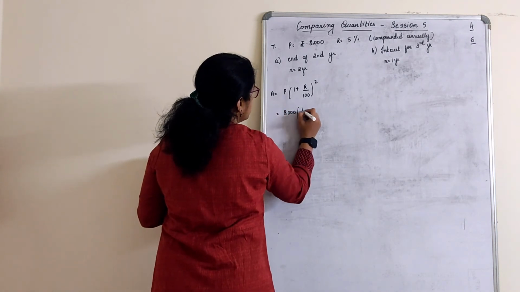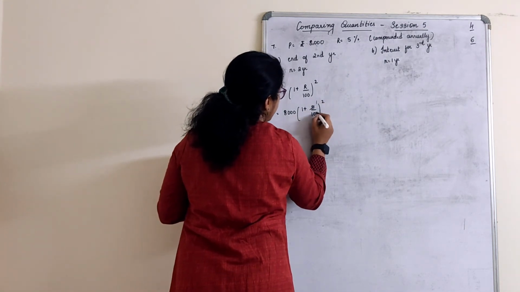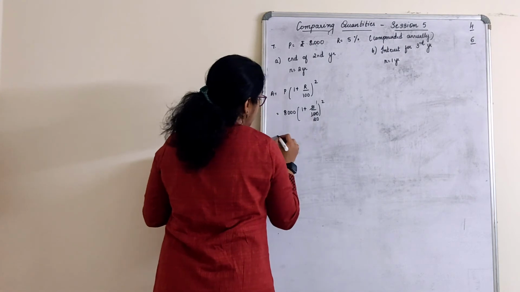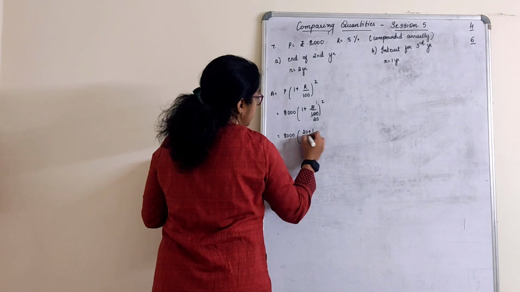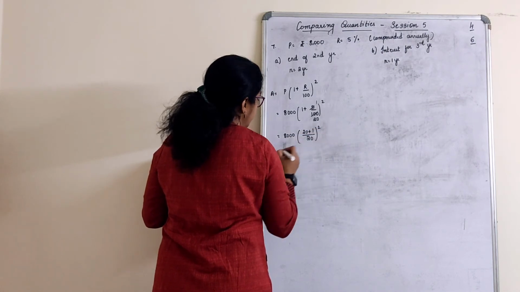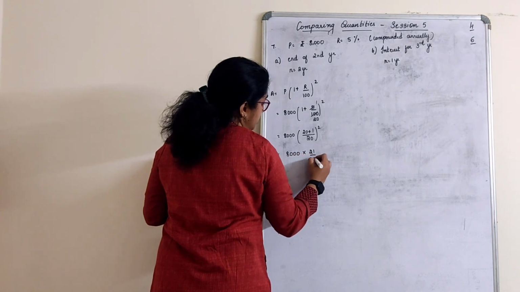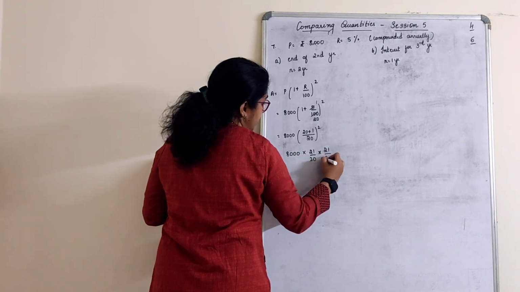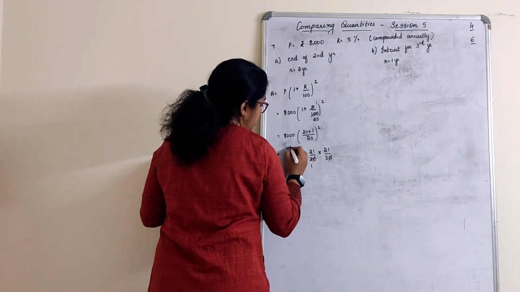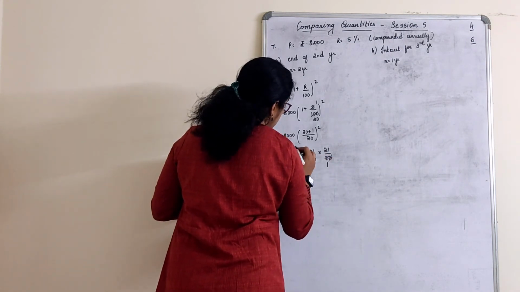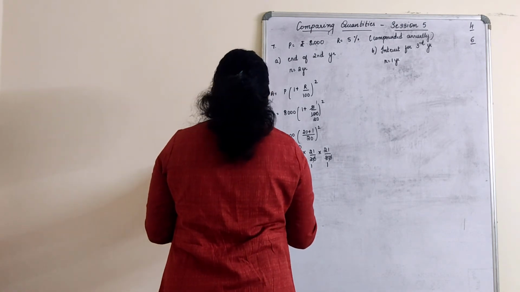8,000 into 1 plus 5 by 100 raised to 2. 5 ones are 5, 5 twos are 10. So 8,000 into (20 plus 1) divided by 20, whole raised to 2. 8,000 into 21 by 20, into 21 by 20. 2 zeros, 2 zeros cancel. 2 ones are 2, 2 fours are 8, 0. 2 ones are 2, 2 twos are 4, 0. 21 into 21 into 20.